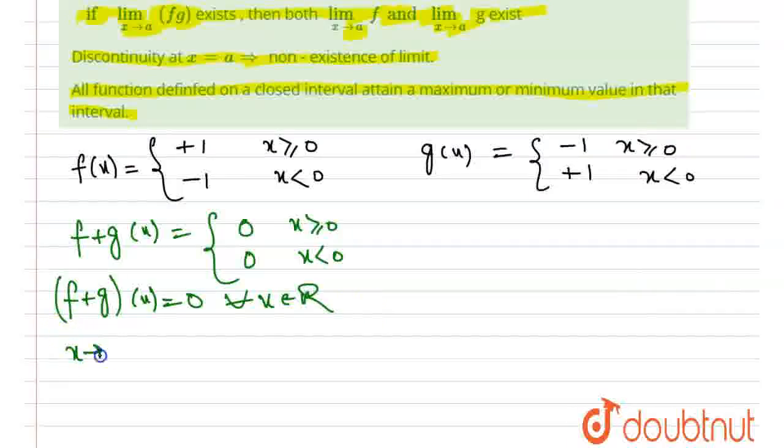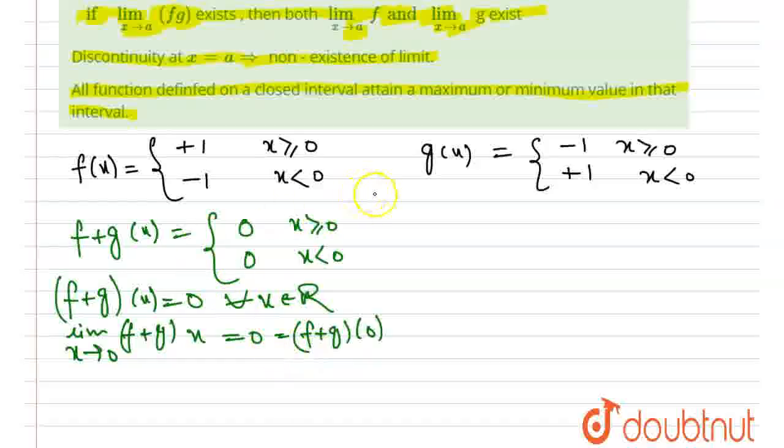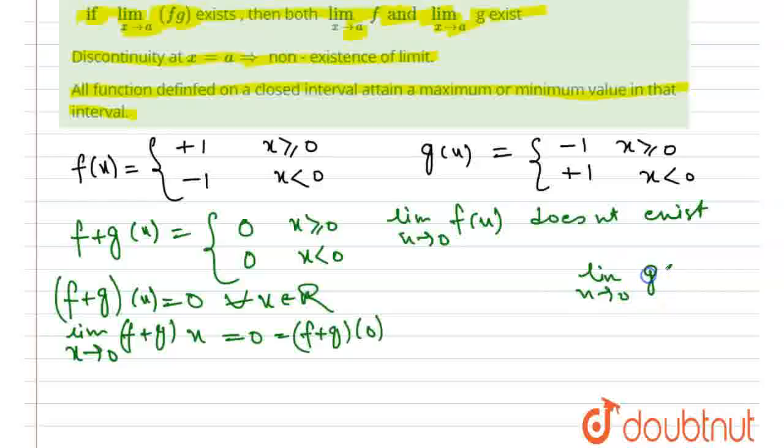So limit x going to 0 of (f plus g)(x) is equal to 0, and it is also equal to (f plus g)(0), that is, f plus g is continuous at x equal to 0, but limit x to 0 of f(x) doesn't exist, and so is the case for limit x going to 0 of g(x).